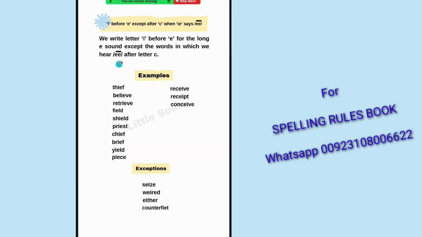So whether we will use IE or EI, most of the time we are confused. But you just keep one simple rhyme in your mind. See, I before E except after C. Always we will use I before E for the E sound, except if it comes after C, as in receive, receipt, conceive.